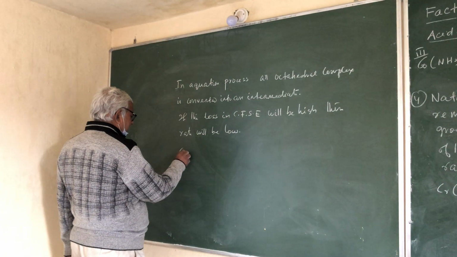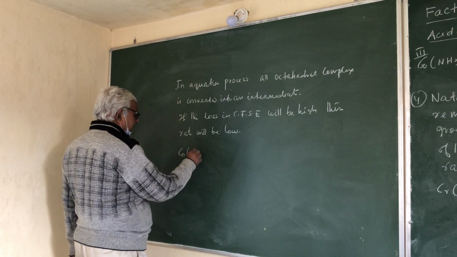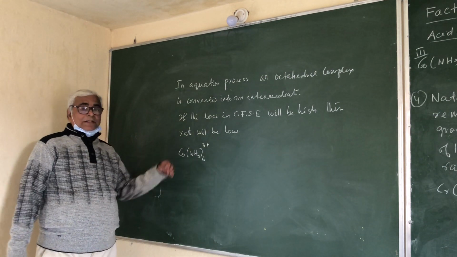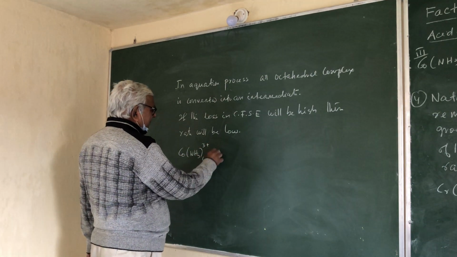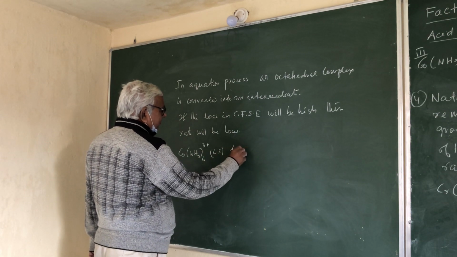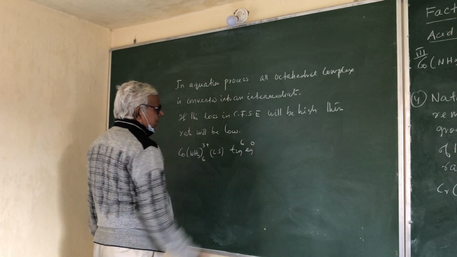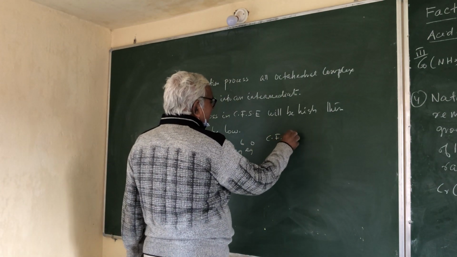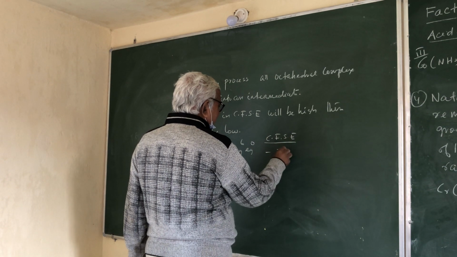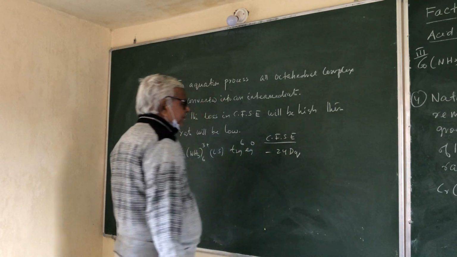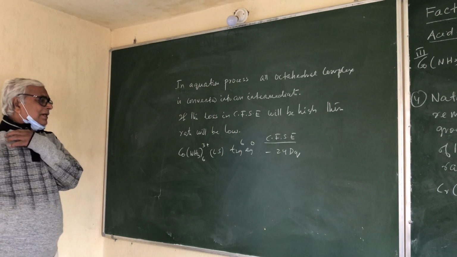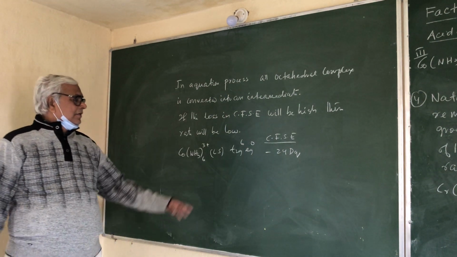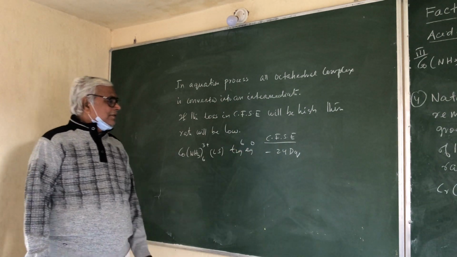Look at this complex. Hexaamminecobalt(III), this is low spin. So this will be t2g6 eg0. So the crystal field stabilization energy will be minus 24 Dq. For hexaamminecobalt(III), the t2g orbital has 6 electrons and the eg orbital is vacant. So the crystal field stabilization energy will be minus 24 Dq.